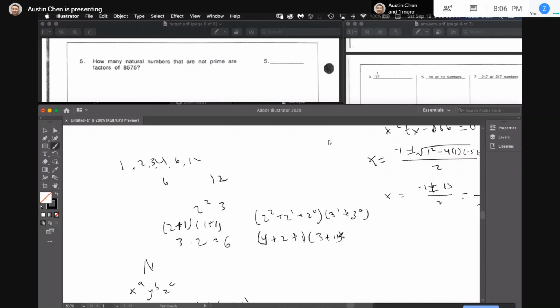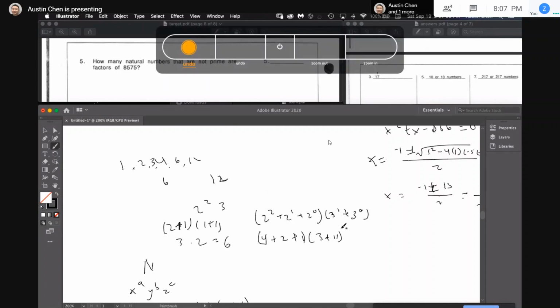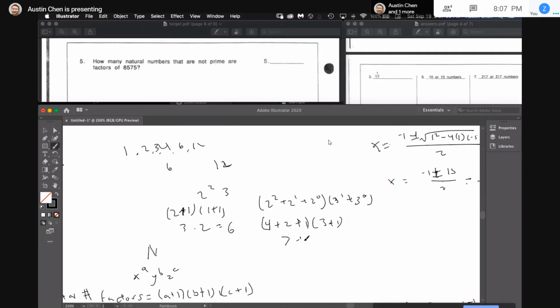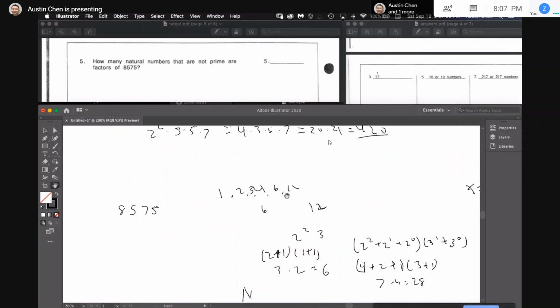So the sum of the factors of 12 is going to be 7 times 4, or 28. And you can test that by adding these: 6 and 4 is 10, this is 6, this is 12, 6 plus 12 is 18, 18 plus 10 is 28.